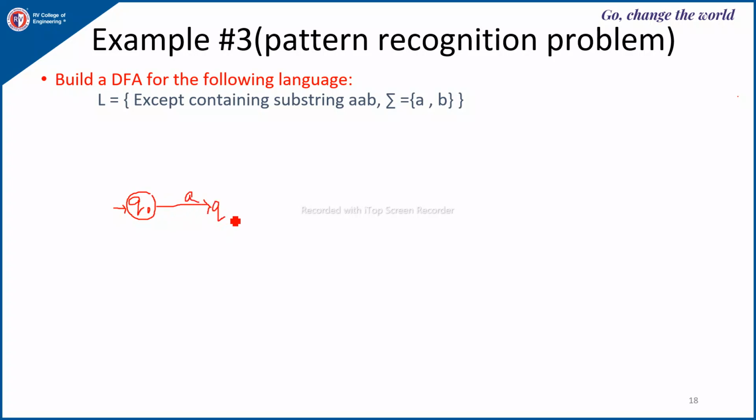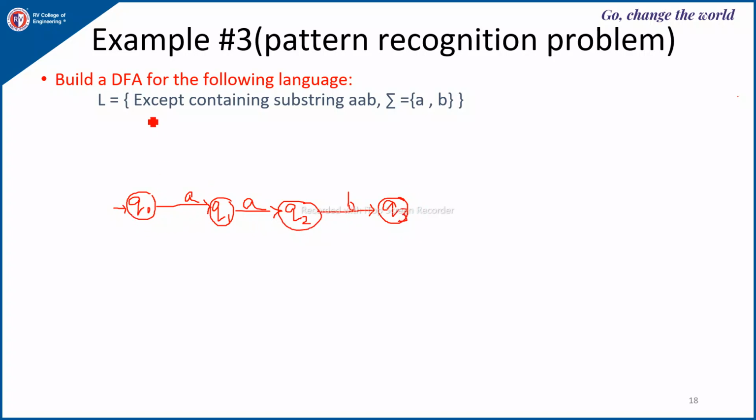So Q0 on A goes to Q1, Q1 on A goes to Q2, and Q2 on B goes to Q3. Now since it is containing the substring, Q3 becomes the final state and the remaining states become non-final.